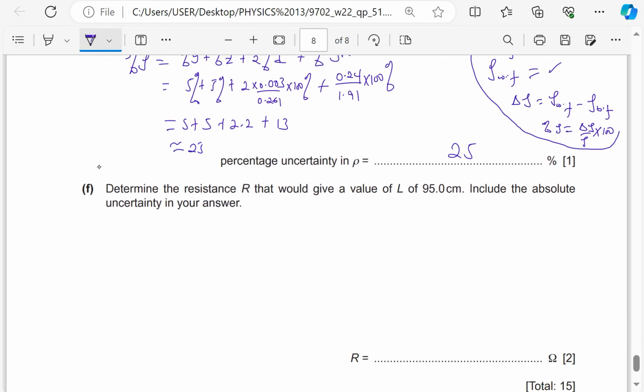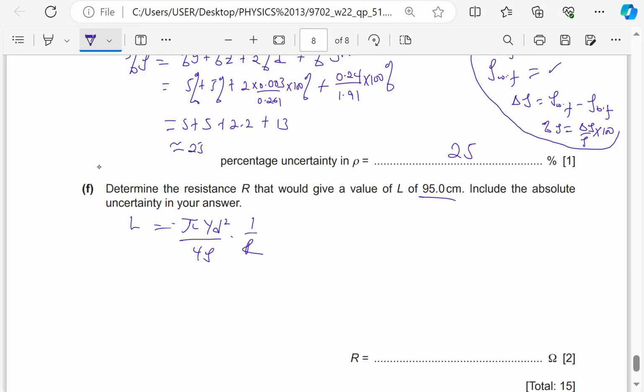When you have the resistance R that would give a value of L of 95.0 centimeters, include the absolute uncertainty. So remember L was equal to, I think it was pi y d squared over 4 rho times z times 1 over r.